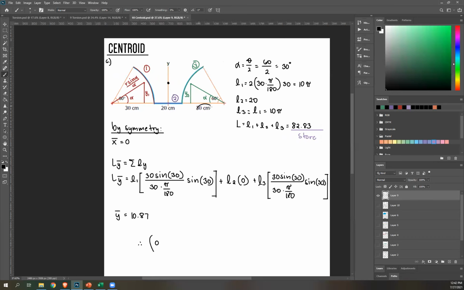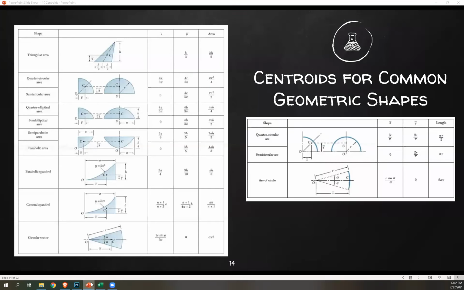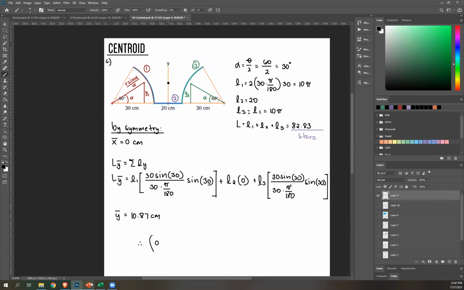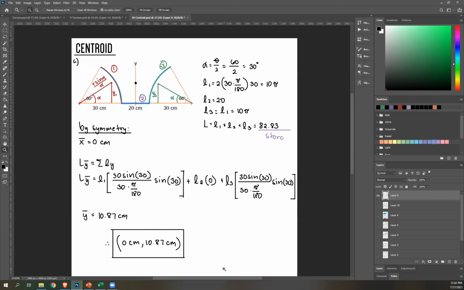By the way, since we're given units here, you can include units in your answer. So 0 cm. And then if we're looking for the coordinates of your centroid, it's 0 centimeters, 10.87 centimeters. Okay? There. And that is number 6.